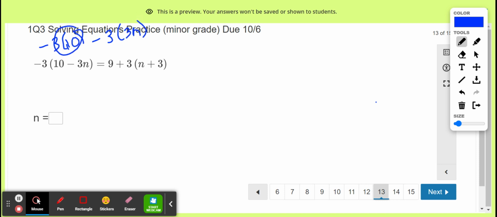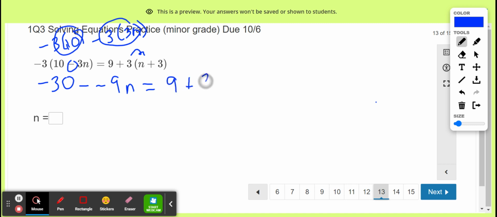So 3 times 10 is going to give us negative 30, minus, we're going to bring the subtraction down, and then we have negative 3 times 3, which is negative 9n, and then we do 3 times n, which is 3n, and then 3 times 3. So on the left side, subtracting a negative is going to add the opposite. We're going to change that.